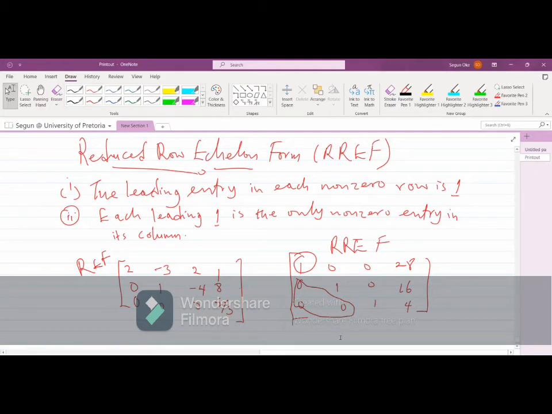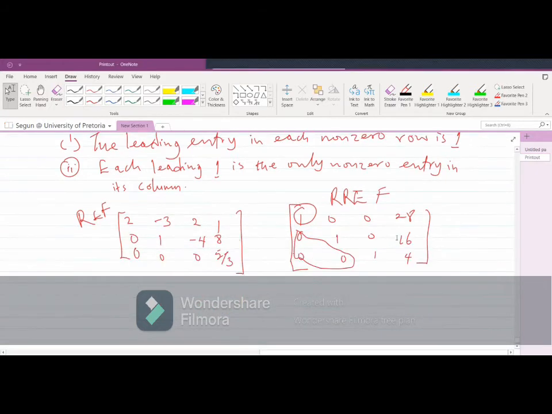There are theorems. A theorem is just like a result.